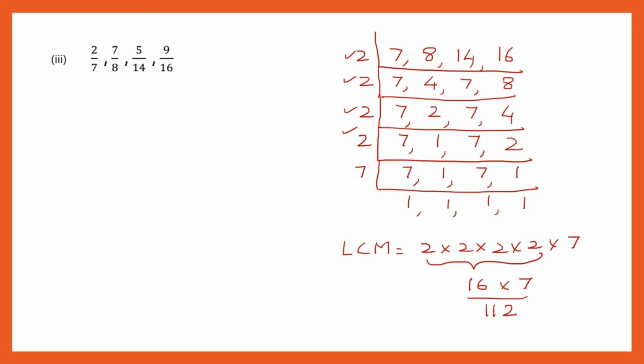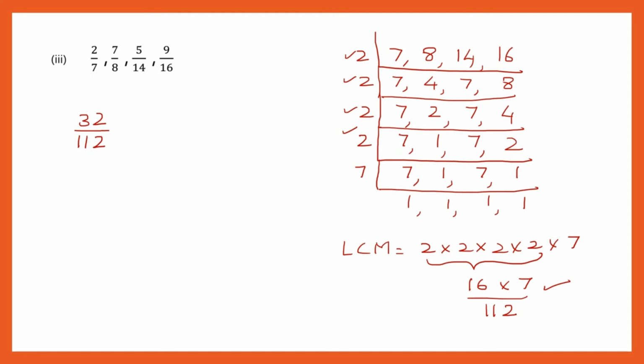So let's start. The first fraction, my denominator is 112. Now 7 into 16 gave us 112. Isn't it? We saw it here. So let's multiply 2 also by 16. 16 2's are 32. So that is our first fraction.